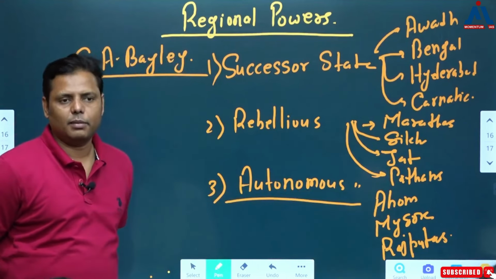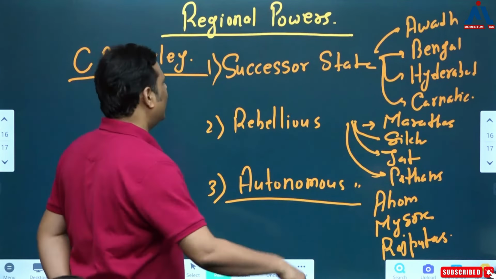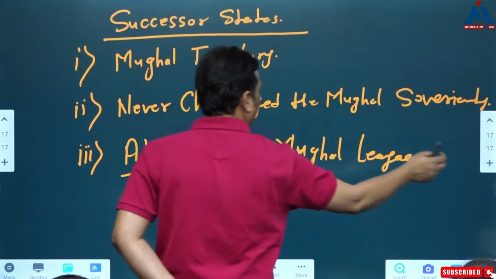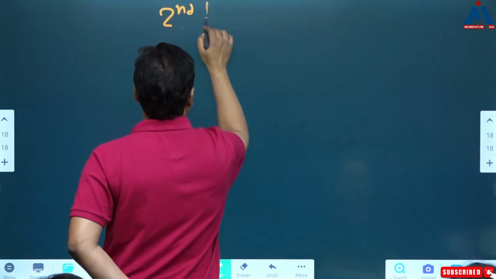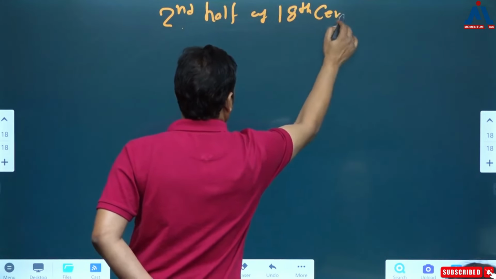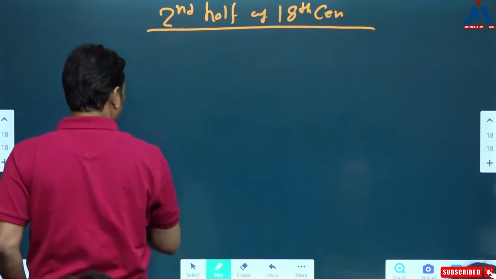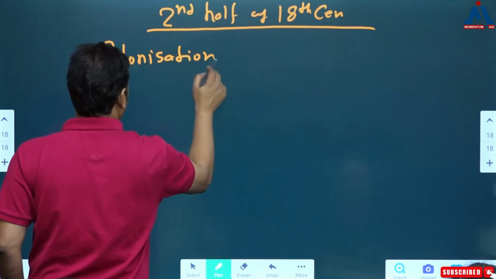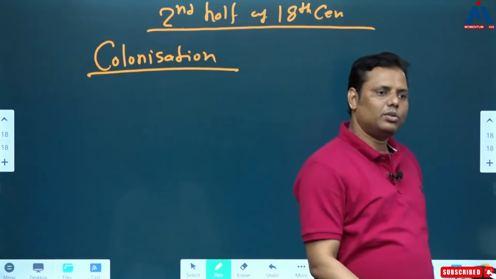So these were three regional powers. And why am I discussing three regional powers? Because ultimately when it comes to the next phase, this is the first phase, right? And then the second half of the 18th century. Now here, as I did tell you, you see the process of colonization.